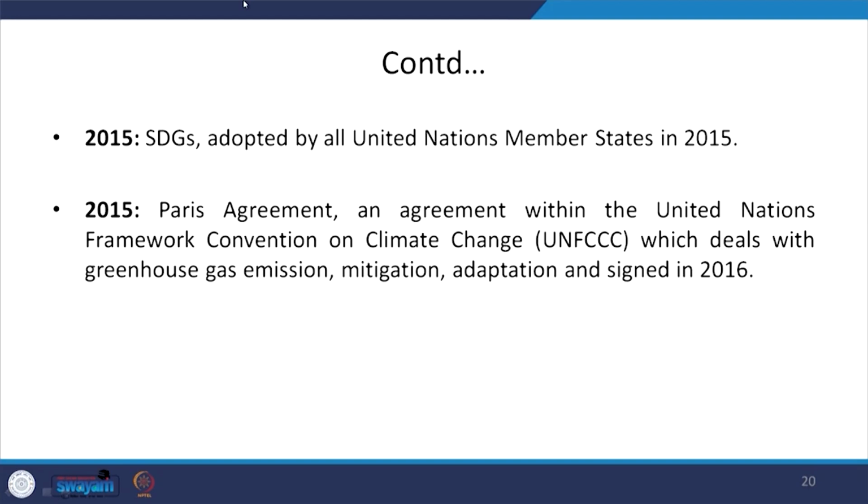And in 2015 the Paris Agreement, under the United Nations Framework Convention on Climate Change, which deals with greenhouse gas emission, mitigation and adaptation, was also signed. So, these are the major landmarks towards the development of environmental economics.